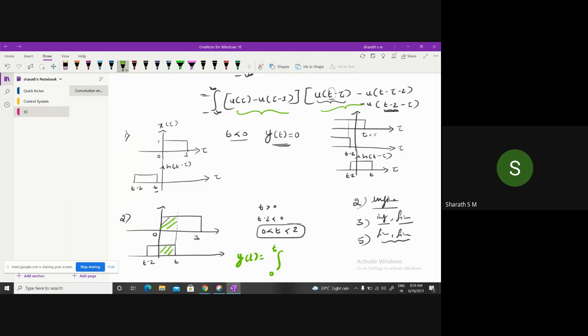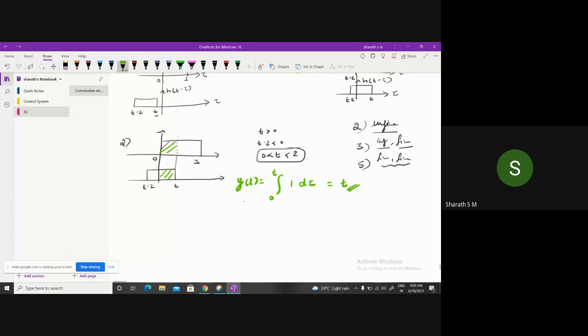What's the amplitude level of the unit step function? 1. We need to integrate with respect to tau. That's the second case. What's the answer? T. So for the second case, t is the answer. For the first case, 0 is the answer.